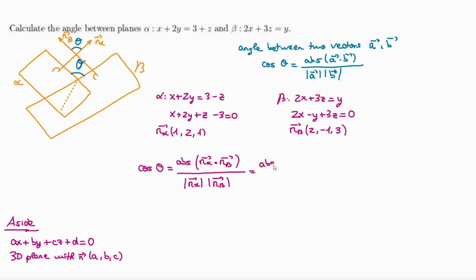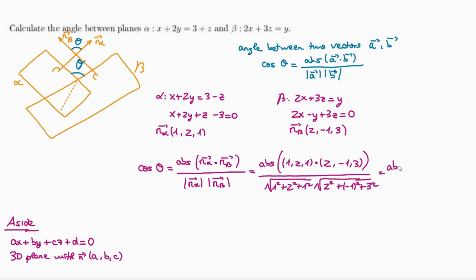So this is the absolute value of (1, 2, 1) dotted with (2, -1, 3), divided by the length of the first vector, square root of 1 squared plus 2 squared plus 1 squared, all of the components squared, add them all up, times the square root for the second vector, 2 squared plus -1 squared plus 3 squared.